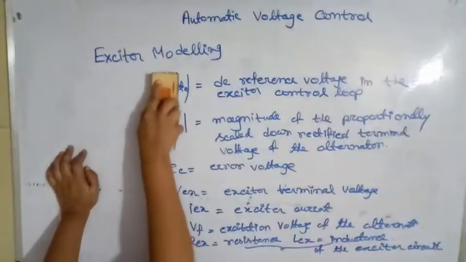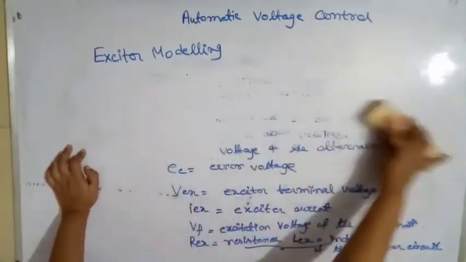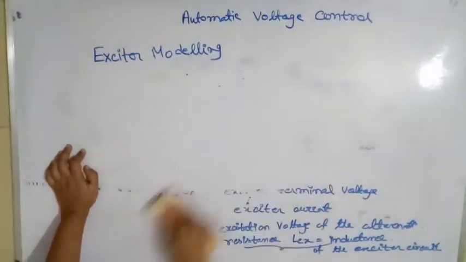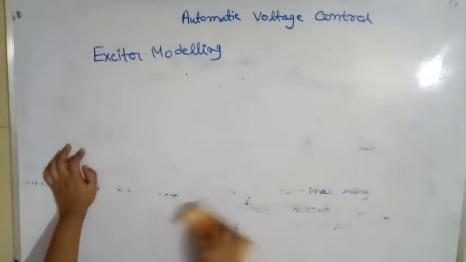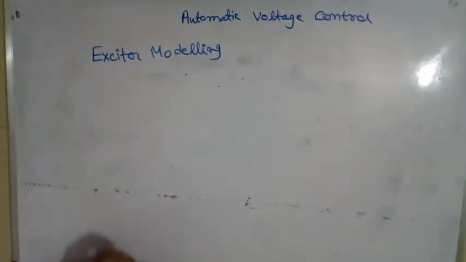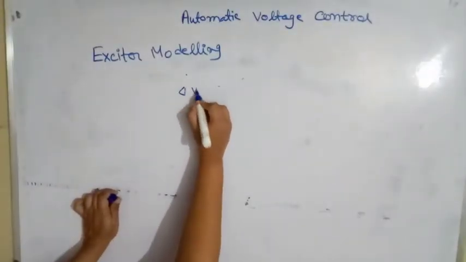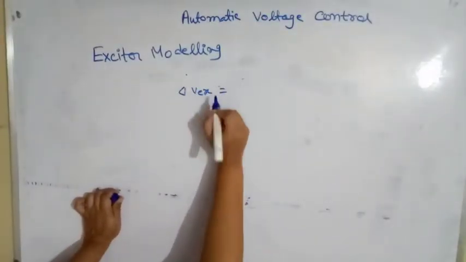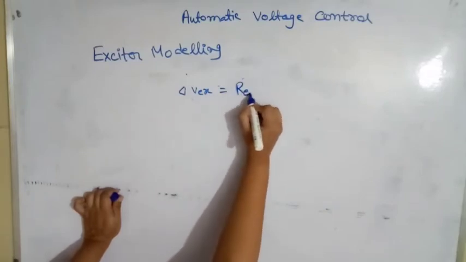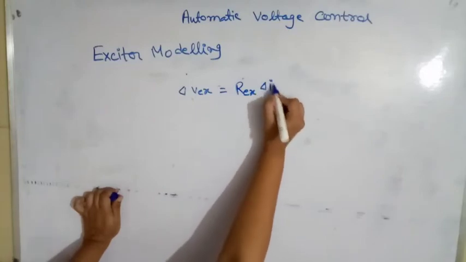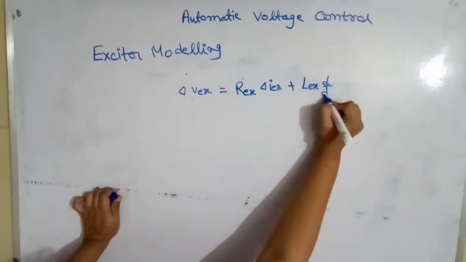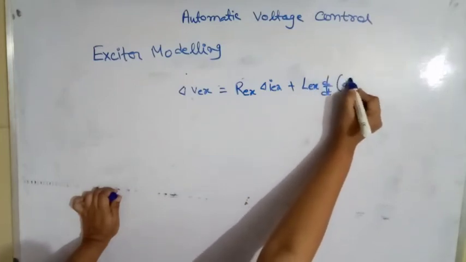At steady state condition, delta Vex, that means change in the internal excitation voltage, is equal to Rex delta Iex plus Lex d/dt of delta Iex.